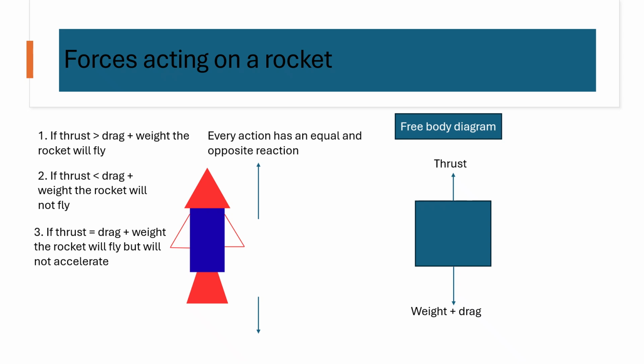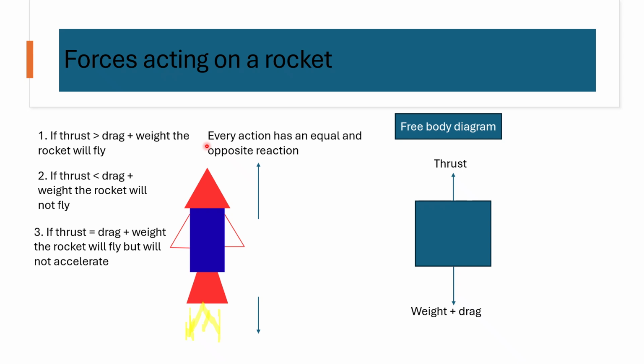Thrust is the force produced by the engine, coming out here, for example from the nozzle. This force pushes the rocket up, because the gases are going down and it pushes the rocket up.